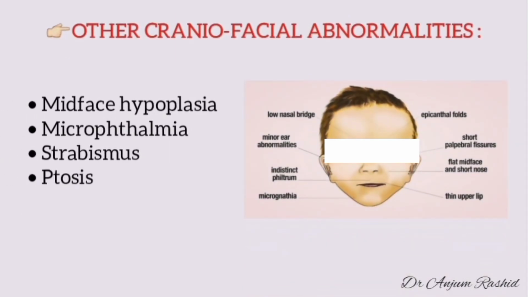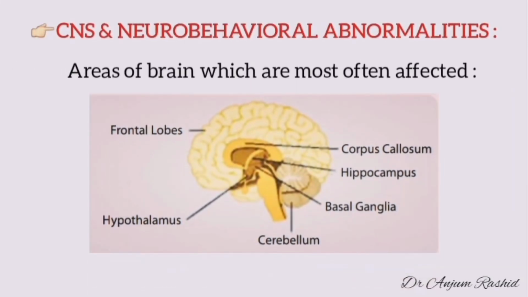Other significant craniofacial abnormalities in fetal alcohol syndrome include midface hypoplasia, microphthalmia, strabismus, and ptosis. Areas of the fetal brain most often affected include the frontal lobes, hypothalamus, cerebellum, basal ganglia, hippocampus, and corpus callosum.